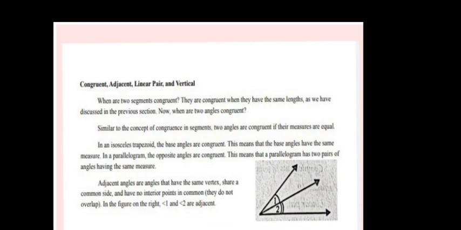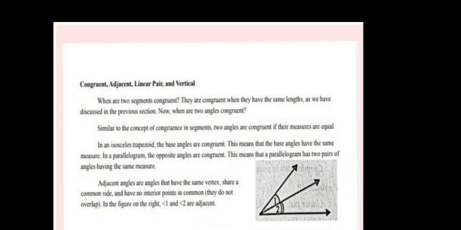The reporter for Module 13: congruent, adjacent, linear pair, and vertical angles. When are two segments congruent? They are congruent when they have the same length, as we have discussed in the previous section. Now, when are two angles congruent? Similar to the concept of congruence in segments, two angles are congruent if they have the same measure.